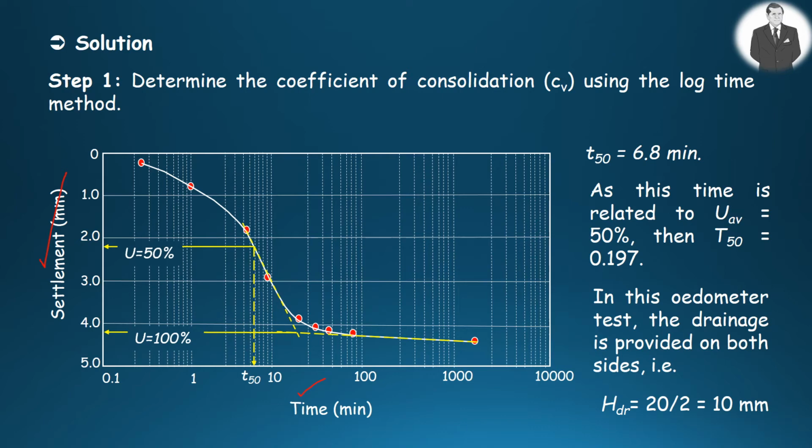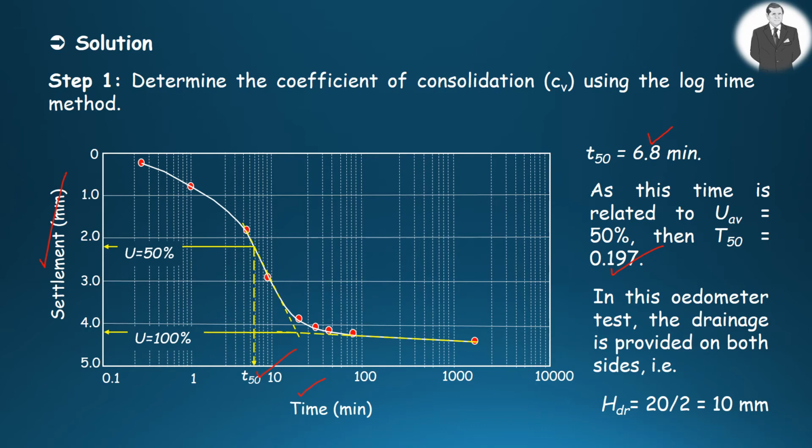Following the procedure for this method explained earlier, t50 is obtained as 6.8 minutes. As this time is related to 50% consolidation, the corresponding time factor is obtained as 0.197 from the related table.